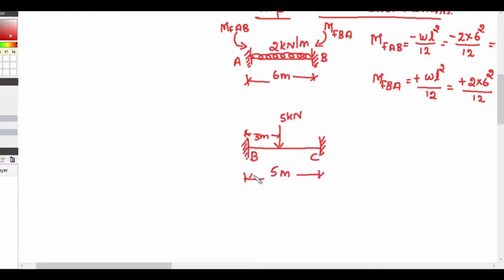So that our fixed end moments, the formula is MFBC. See here at B you will have anti-clockwise and at C you will have a clockwise moment.